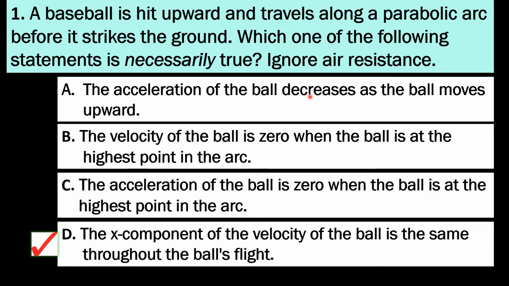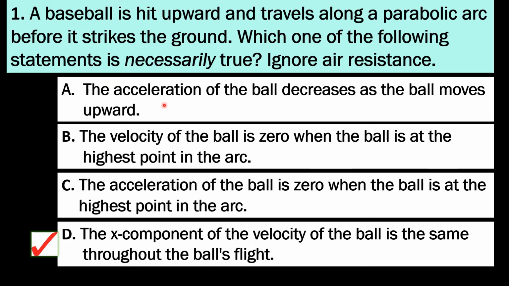As we said earlier in our analysis of the concepts, it is referring to the magnitude of the acceleration as the ball moves upward. Why is this not an acceptable answer? Because of the word decreases.